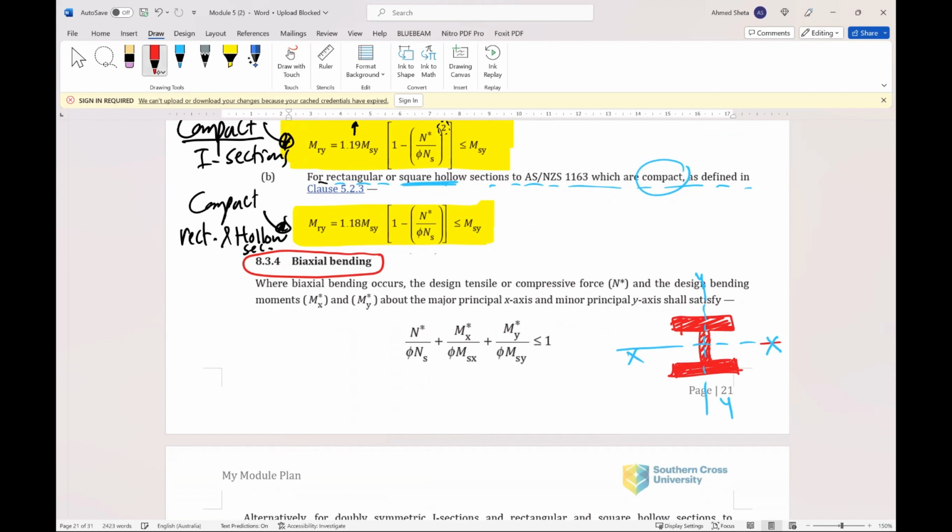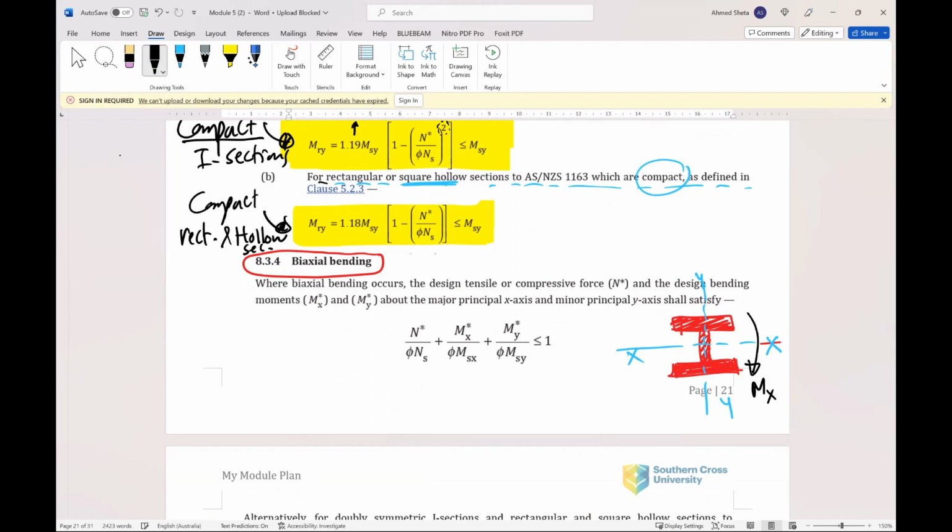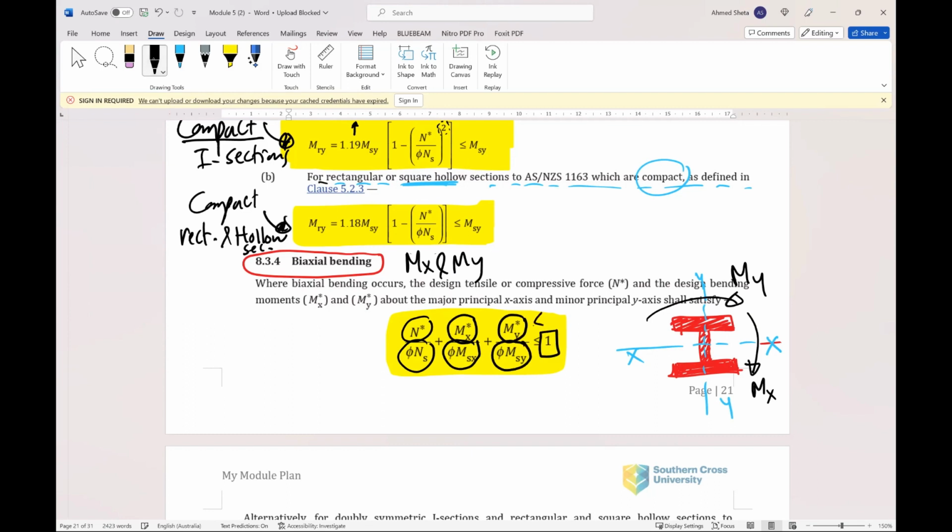So we can have M about the x-axis, Mx, major bending, and M about the y-axis, My. So this is called biaxial bending. The equation should satisfy this: N star over phi Ns plus Mx star over phi Msx plus My star over phi Msy should be less than or equal to 1.